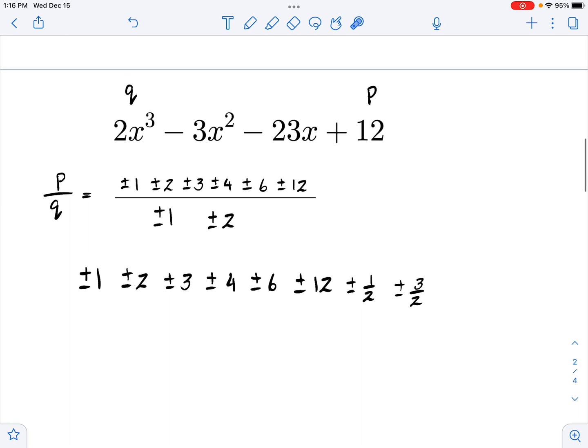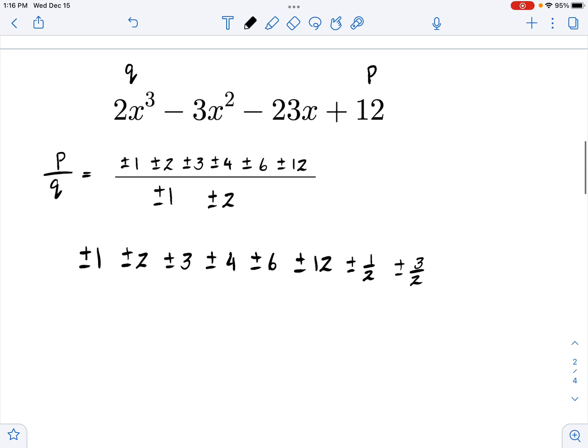I use trial and error then to find the actual root that I'm looking for. I'm going to start with my fractions. As a matter of fact, I'm going to start with these ones rather than the integers, just to check those ones first. You can start with the integers if you like. So I'll try plus 1/2.